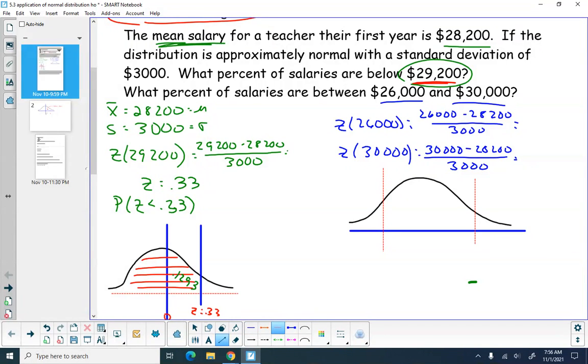Should have one positive and one negative. Get your table values that you find your Z-scores. What do you have to do with your table values then? Once again, periodically check your answers with somebody around you.